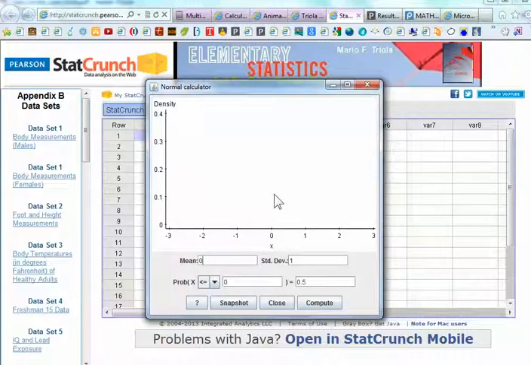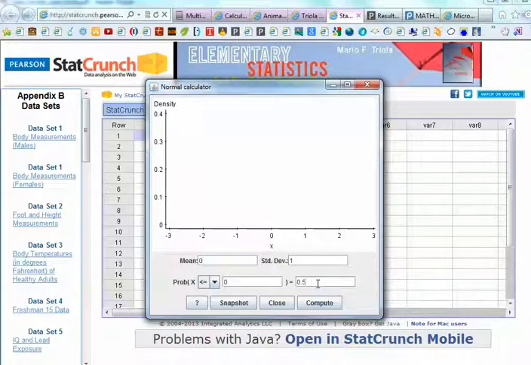The only time it's not standard normal is if those are anything other than 0 and 1. So even though it says x right here, that's really z in this case, because we're using 0 and 1 for our mean and standard deviation, which is what sets aside the standard normal distribution.